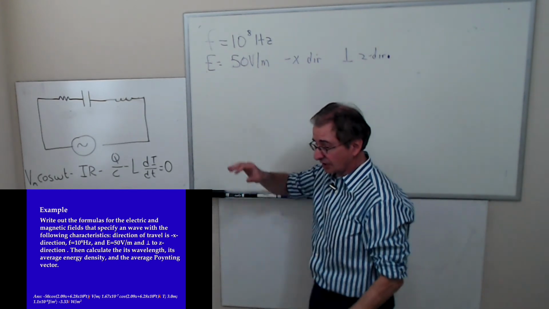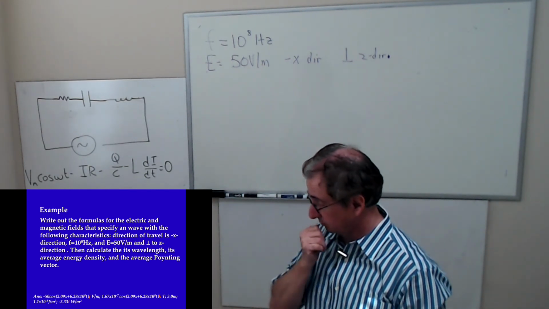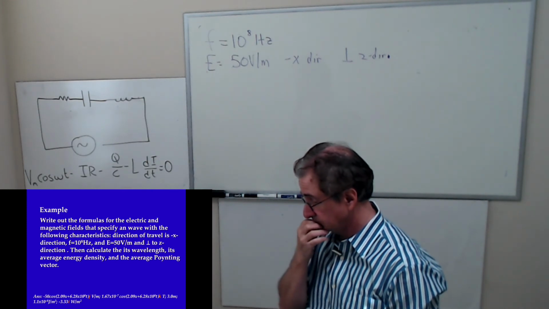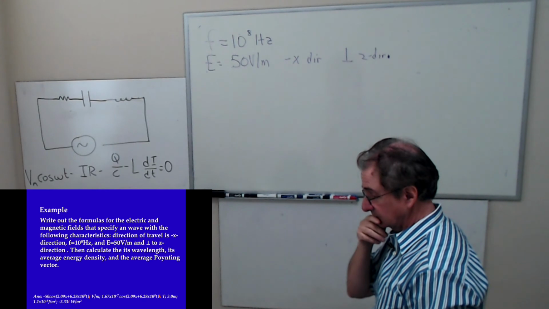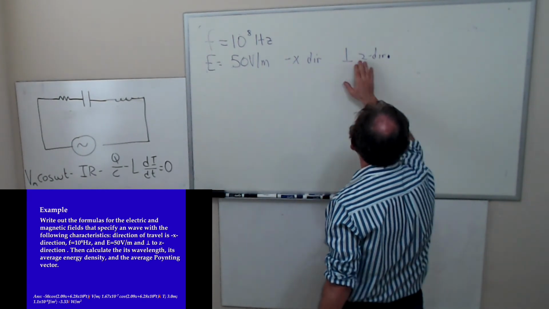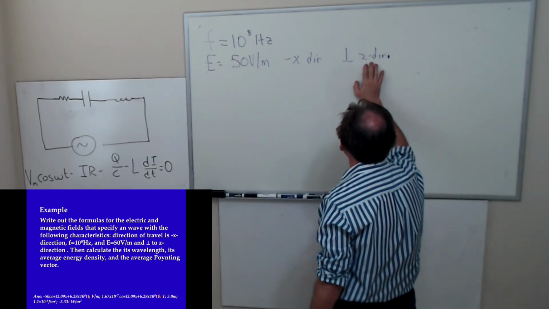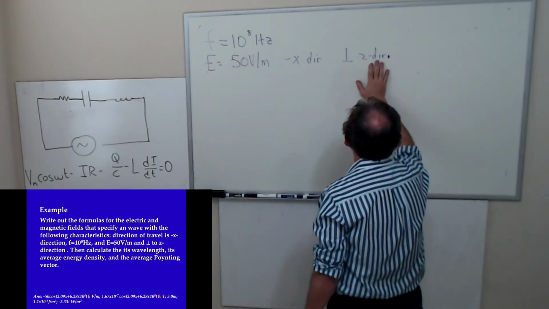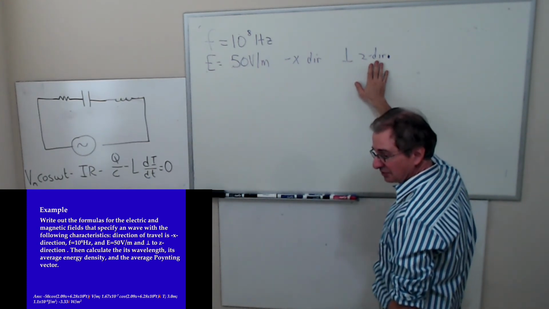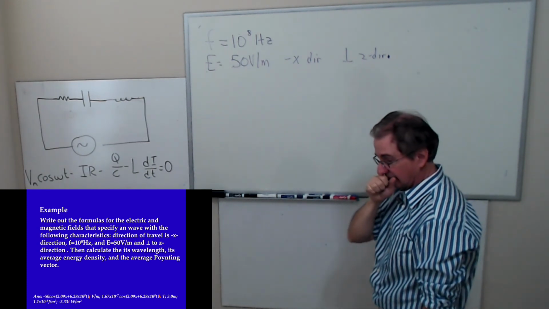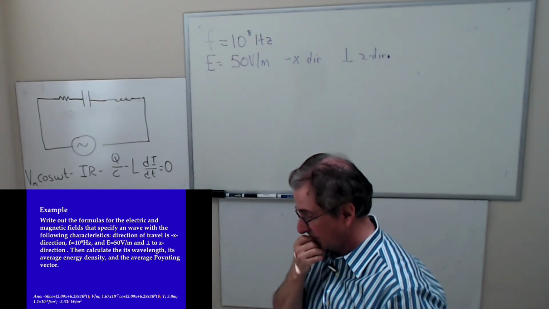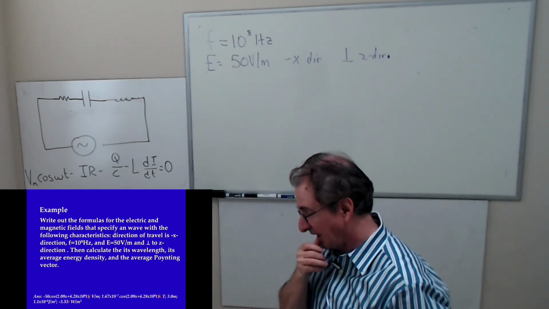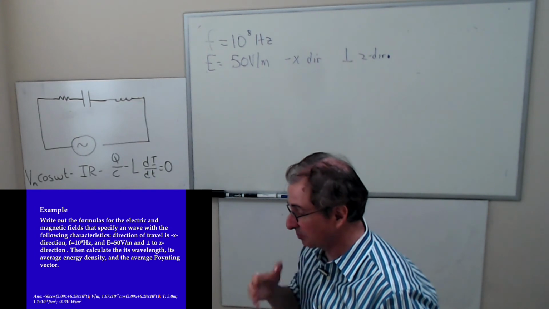So the oscillations are in which direction then? If it's moving in the minus x direction and it's oscillating perpendicular to the z direction, which way is it oscillating? Y? It's got to be y, right? It's got to be plus or minus y.